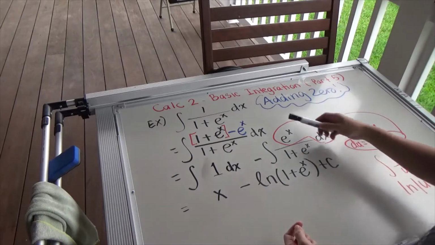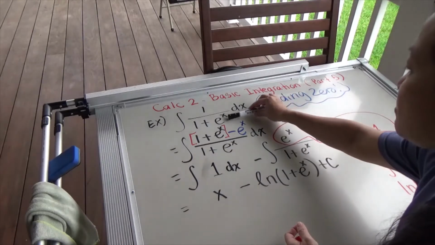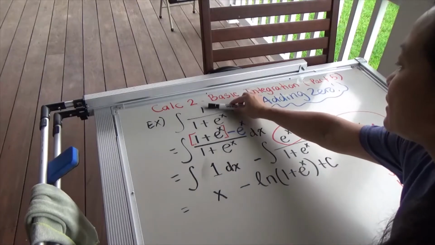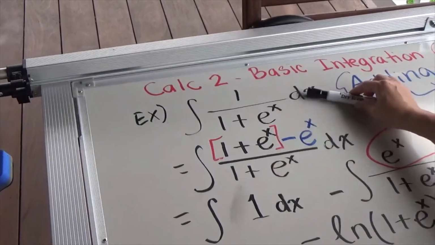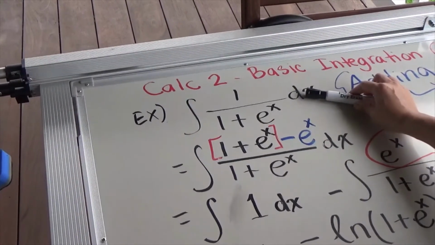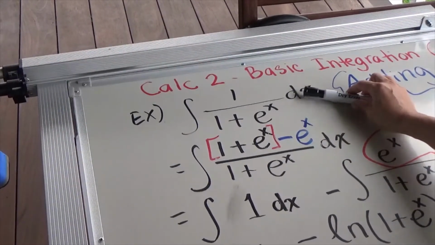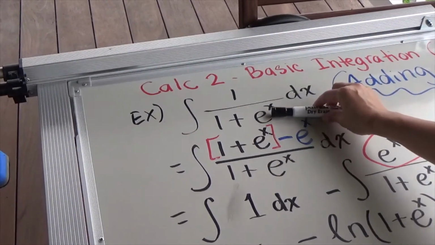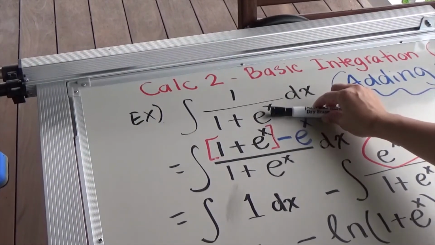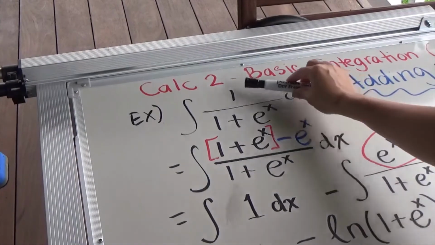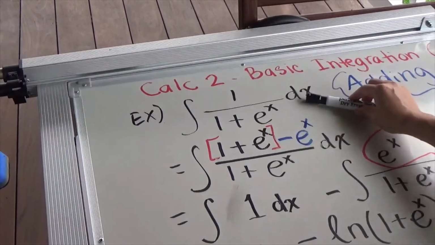We started out with this problem right here, 1 over 1 plus e to the x dx. You run into an issue because if you try to do a u substitution right away, that's not going to work because there's no derivative. The du is not going to show up right there.